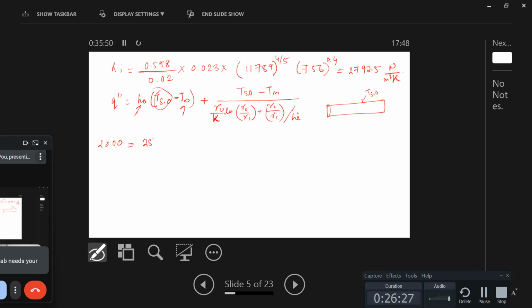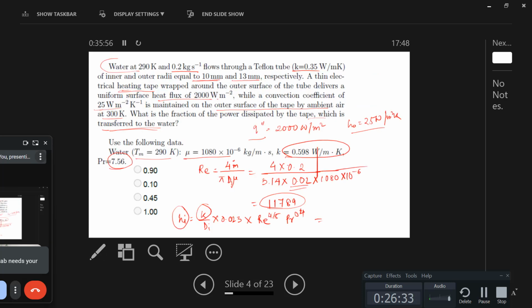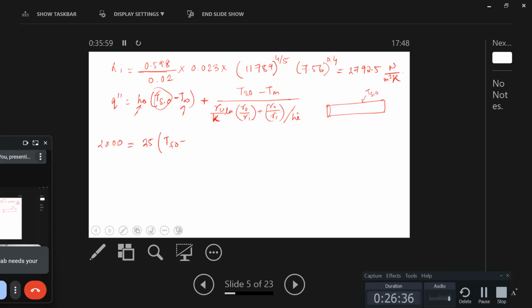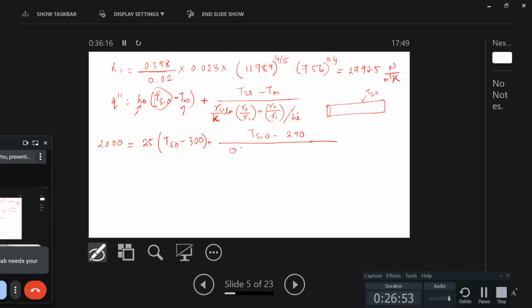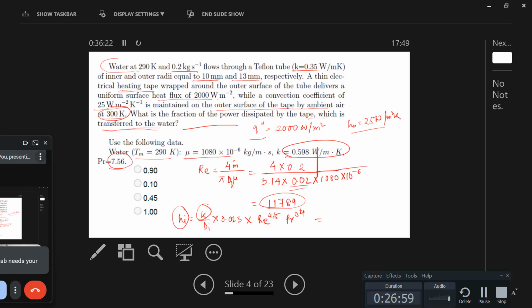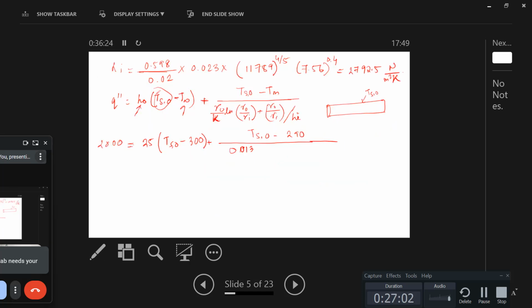So 2000, h naught is 25, Ts0 we don't know, T infinity is given as 300, right? Ts0 minus Tm, 290, divided by r naught, that is 13 millimeter, 0.013. No, this is of this conduction, right?